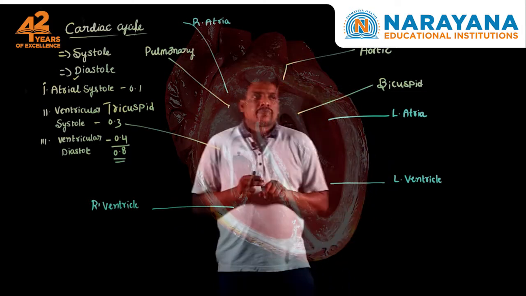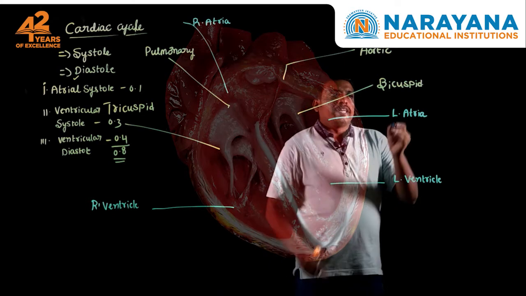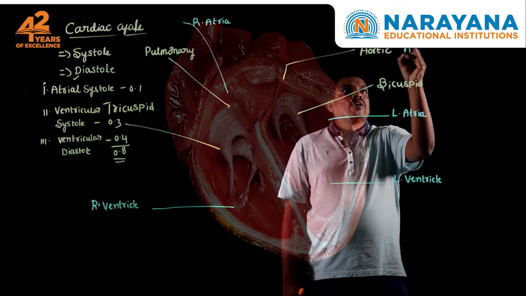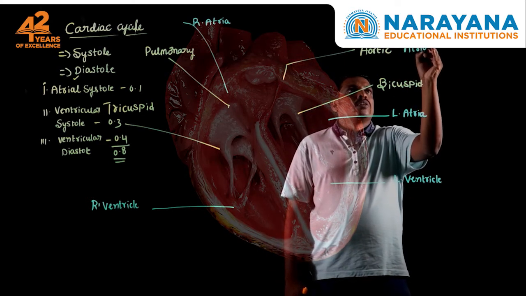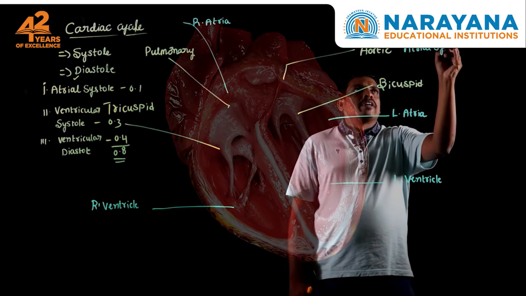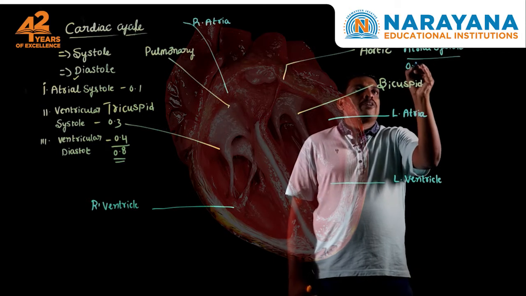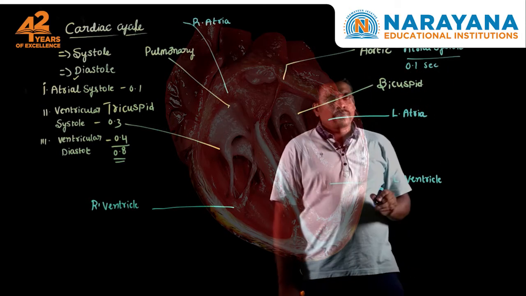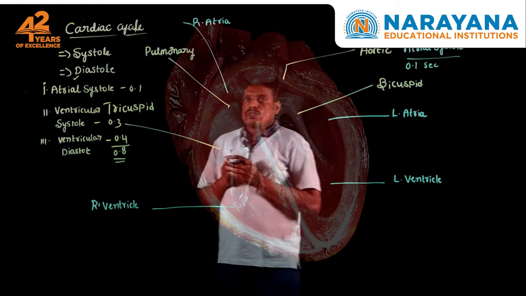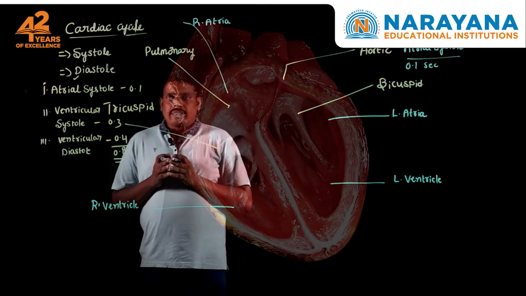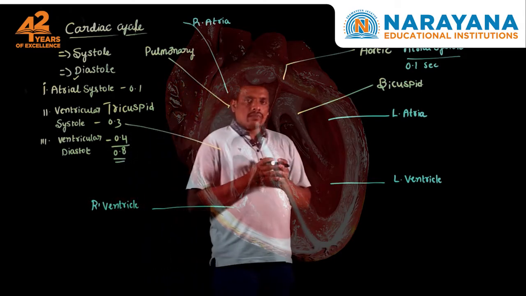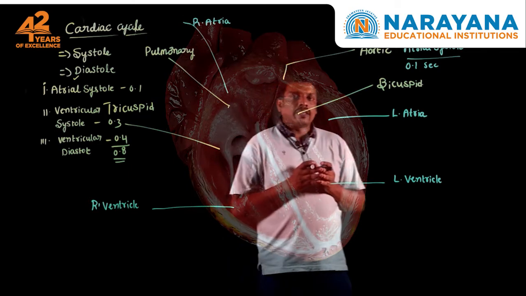By the way, if you want to learn about atrial systole, what is the time taken for atrial systole? As we have discussed, it is 0.1 seconds. During atrial systole, the atria are contracting.